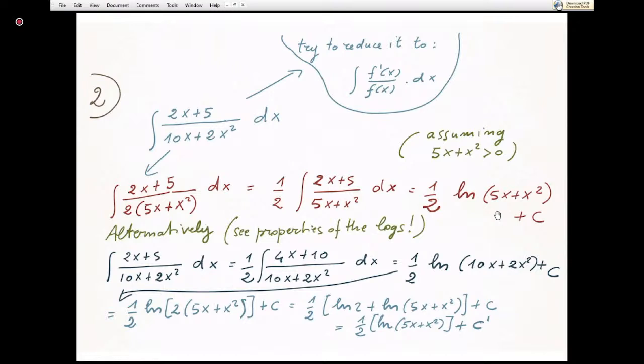So I want to point out, this is not wrong, this is as correct as this one. In some cases, the fact that the constant is arbitrary may give rise to a seemingly different expression of the solution. But remember, especially in logs, that the constant is arbitrary. So this captures the whole set of solutions exactly as this one.